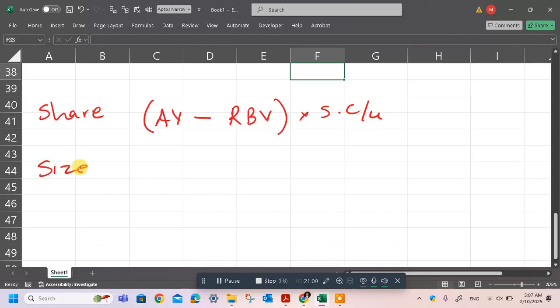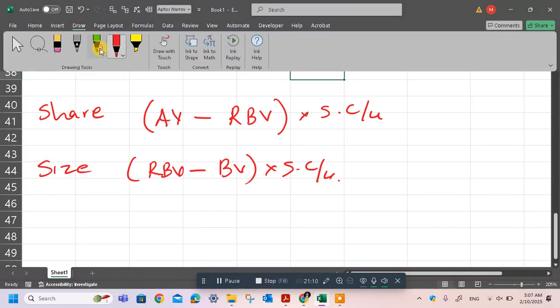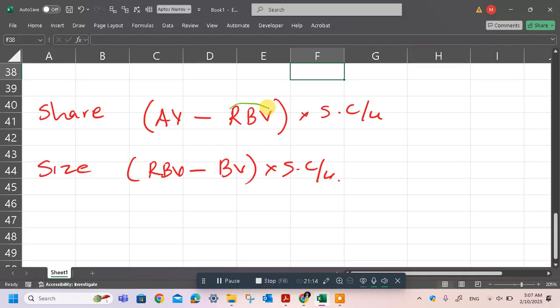Market size variance is revised budgeted volume minus budgeted volume into standard contribution per unit. So what this guy has done, deliberately he has understated this figure. Quarter 2 market sizes, when he was revising the budget, when he was giving the new numbers, he has understated these figures.